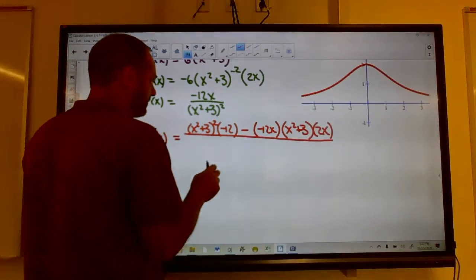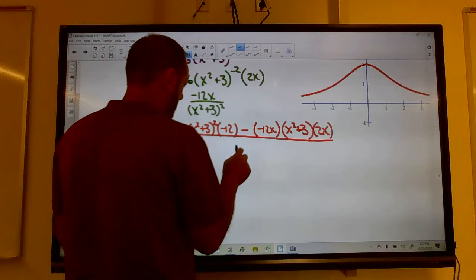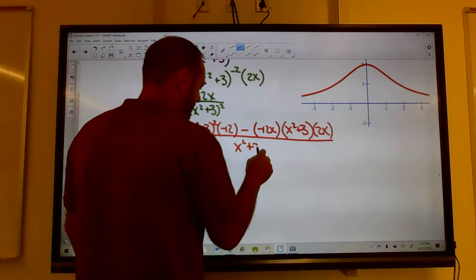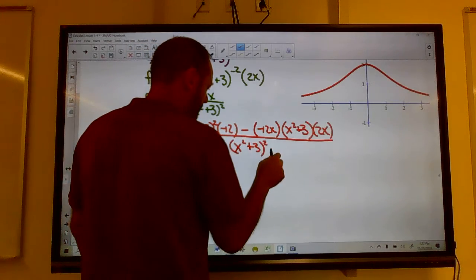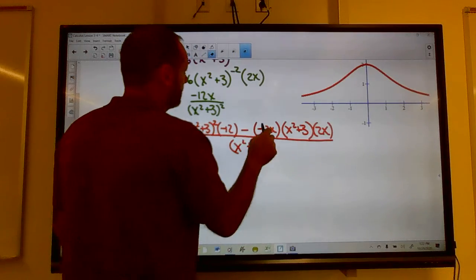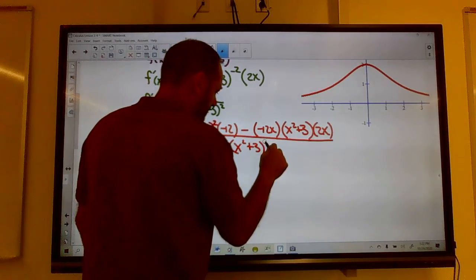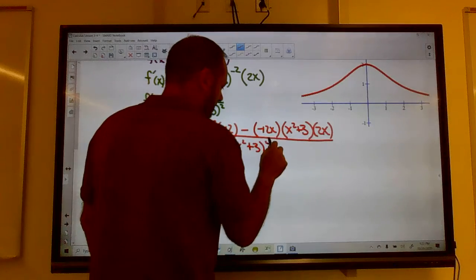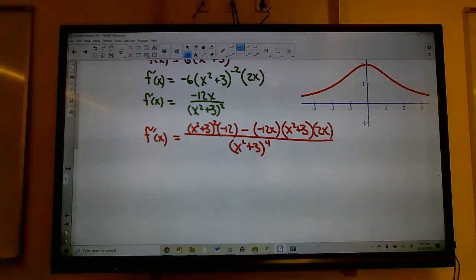And that's all going to be over x squared plus 3 squared, which is going to make this the fourth power. All right, let me double check, make sure I got all my negatives correct here.